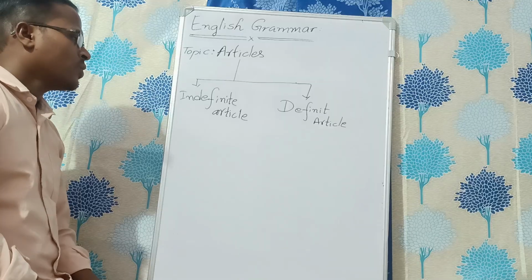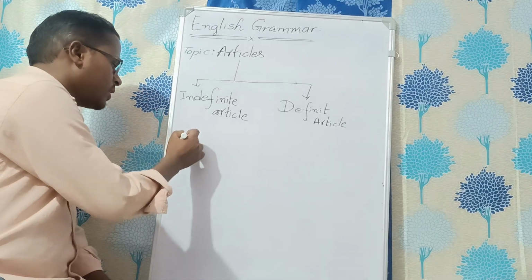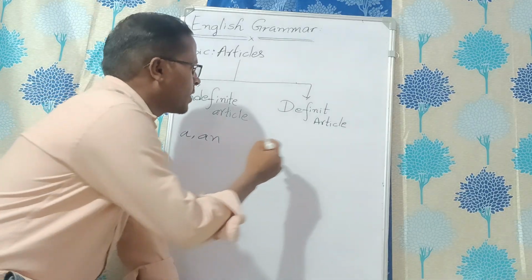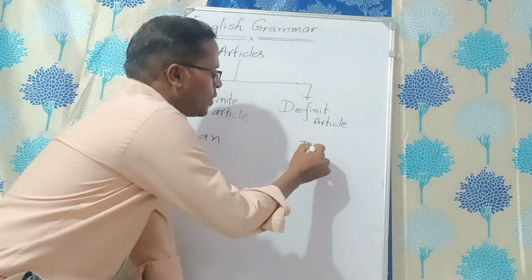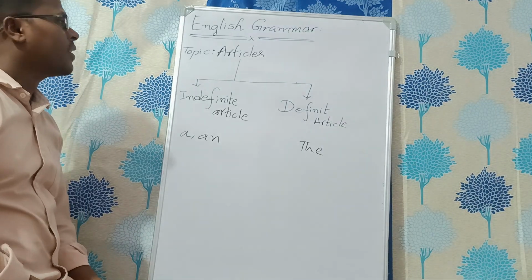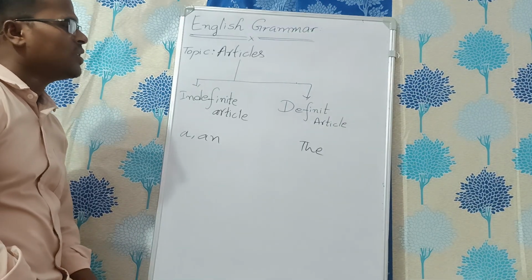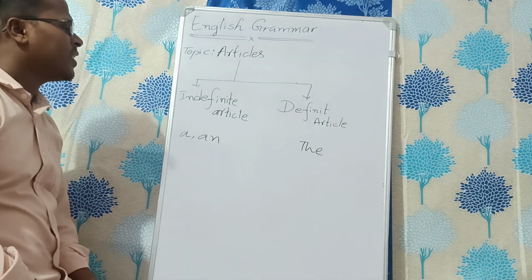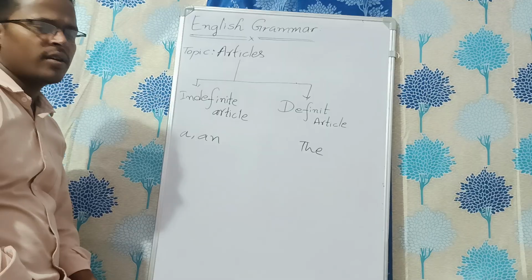Okay. So finally, you got the difference between a and an, and you have known about the, the definite article. So these are the differences between indefinite articles and definite articles.